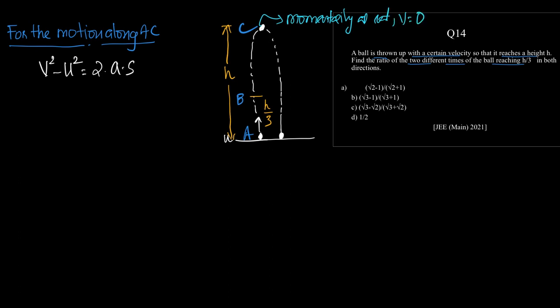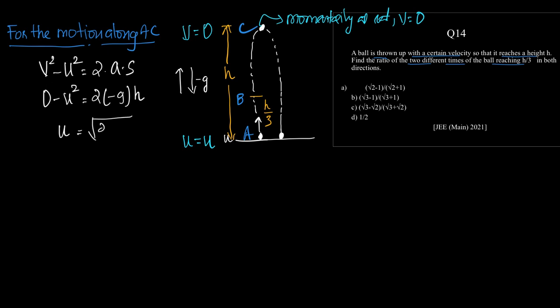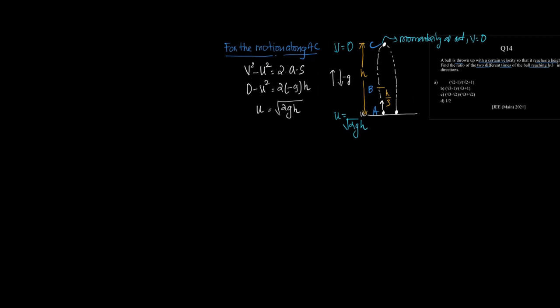So we have for AB, initial velocity is u and final velocity v is equal to 0. If we substitute these values, what do you get? 0 minus u square is equal to 2 into, since the object is projected upwards, acceleration due to gravity taken downwards is minus g. So it is 2 into minus g into the whole height h. So u is equal to root of 2gh. Now we can write u as root of 2gh. I hope that much portion is clear.